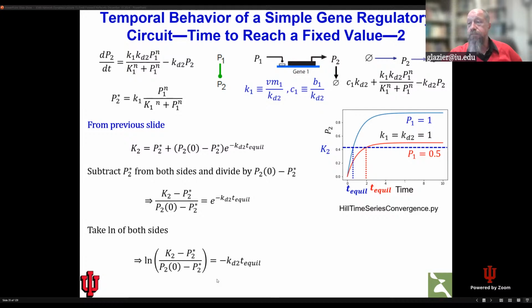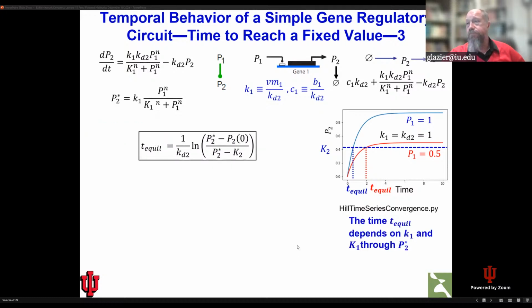And I can do that. And I get that the equilibration time is equal to 1 over KD2, everything's in units of the decay time, times the logarithm of K2, the target, minus P2 star, the steady state value of P2, divided by the initial value of P2, normally that'll be 0, minus that steady state again.